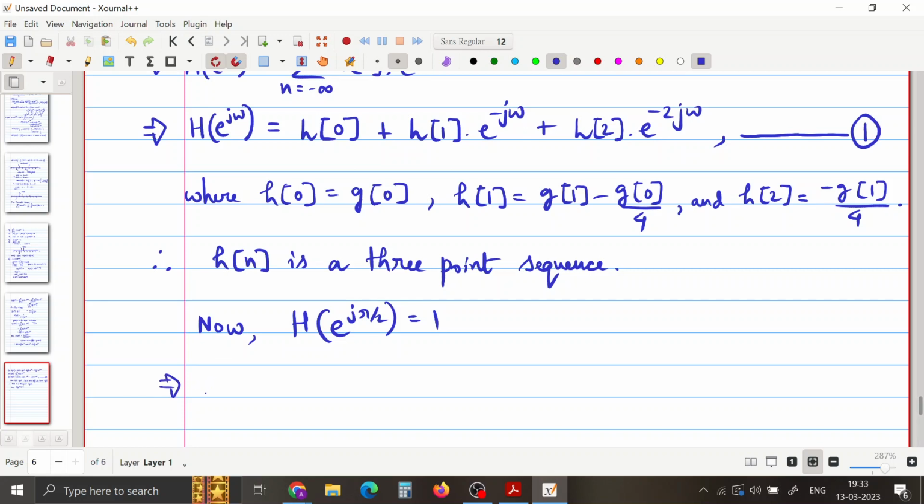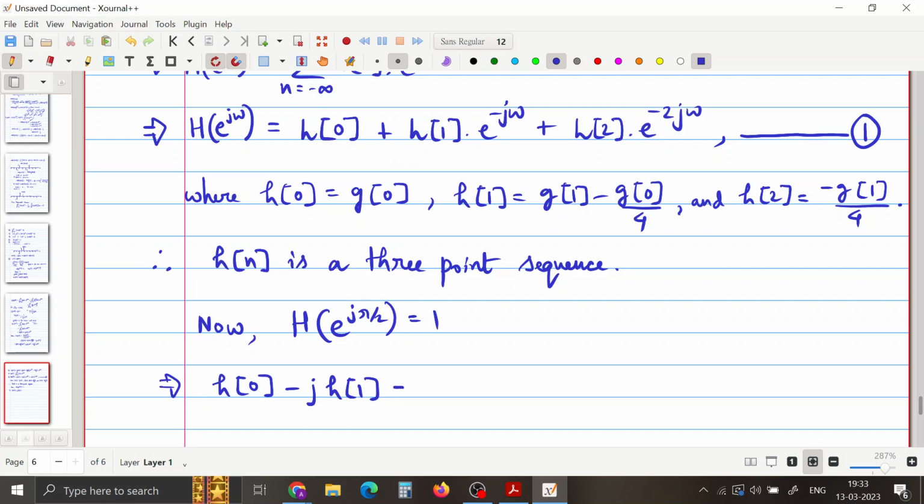the first term, h of 0, stays as h of 0 on the right hand side, and then we have h of 1 times e power minus j omega. So h of 1 times e power minus j pi by 2, which is minus j. I'm actually writing the right hand side first and then the left hand side.